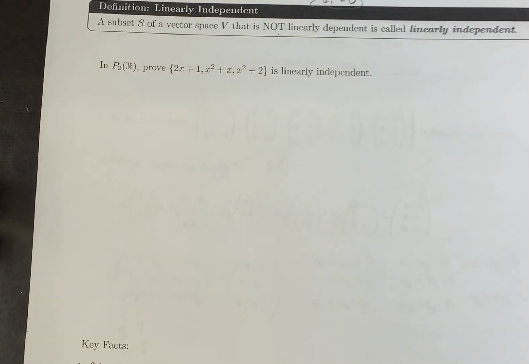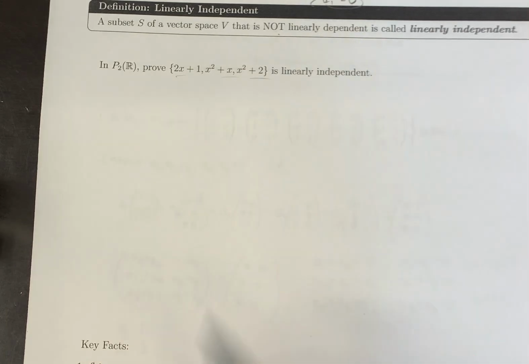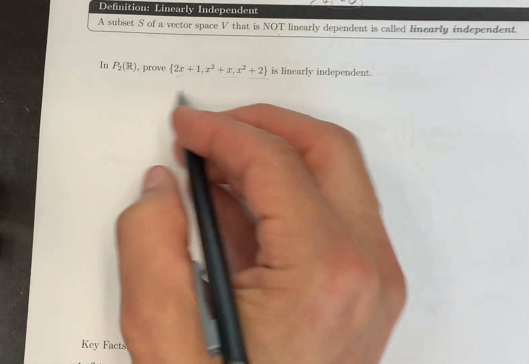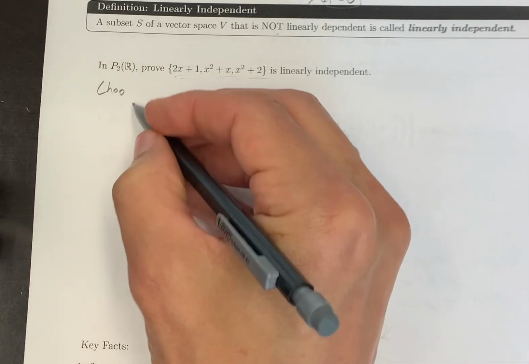Let's look at degree 2 and less polynomials, and let's see if we can convince ourselves that those three vectors are linearly independent.